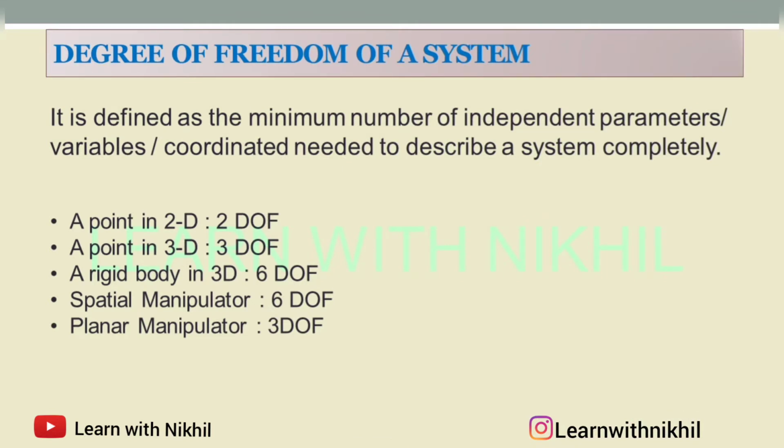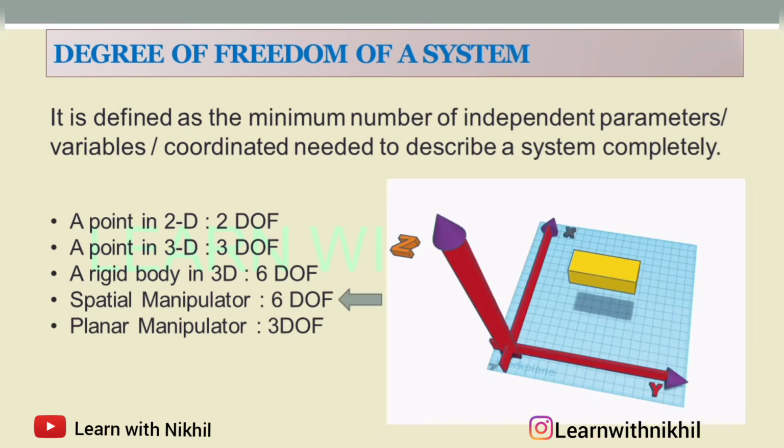Now a spatial manipulator is nothing but a robot, a robotic arm you can say. For a spatial manipulator or a 3-dimensional manipulator, if I have to pick and place this 3D object in a 3-dimensional plane, it will require 6 degrees of freedom of a gripper.